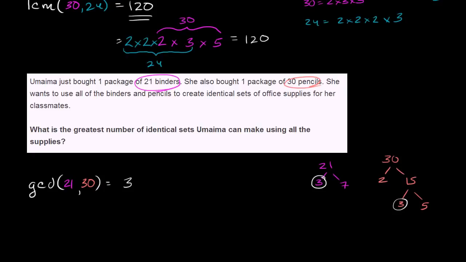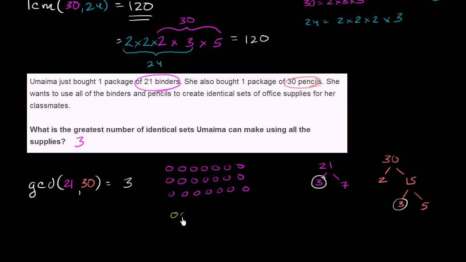So just to be clear of what we're doing. We've answered the question, it's 3, but just to visualize it, let's actually draw 21 binders. So 1, 2, 3, 4, 5, 6, 7, 8, 9, 10, 11, 12, 13, 14, 15, 16, 17, 18, 19, 20, 21. And then 30 pencils. I'll just do those in green.